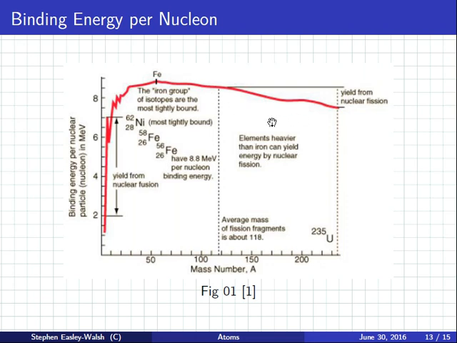The reason is way too complicated for us. But what we need for the exam is this mass number, this binding energy, and you need to draw a graph that goes up, peaks at iron, and comes back down. And you need to write that this is iron on the top, Fe.